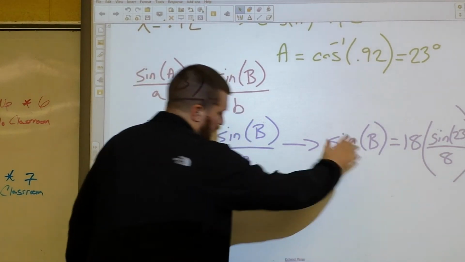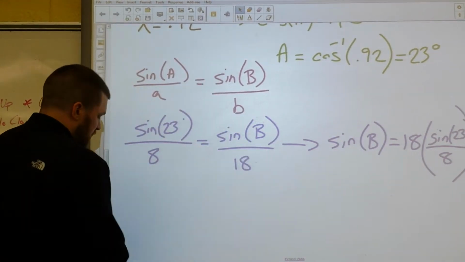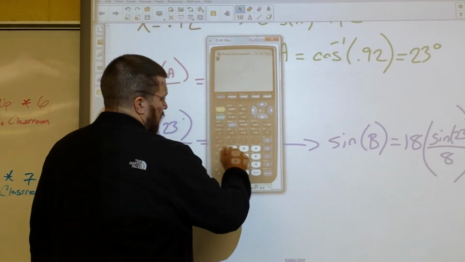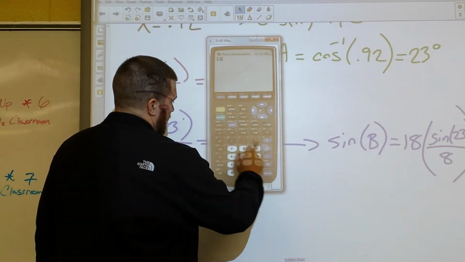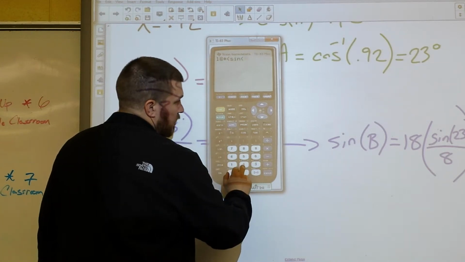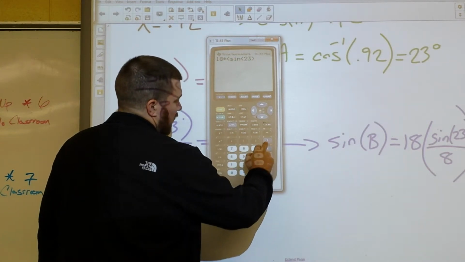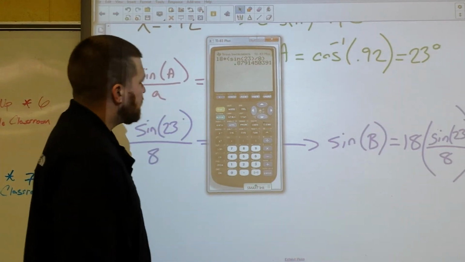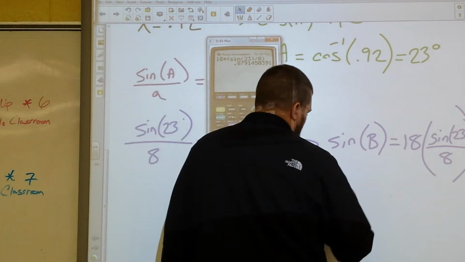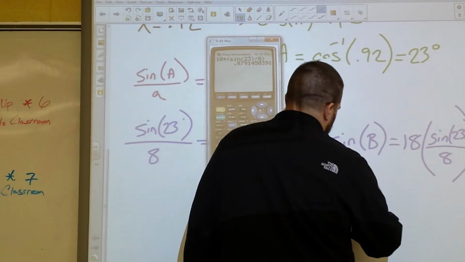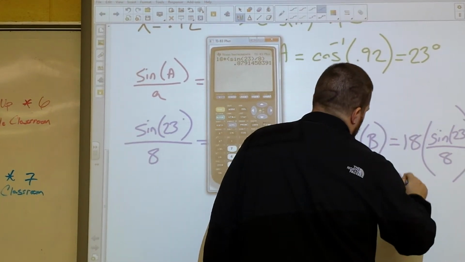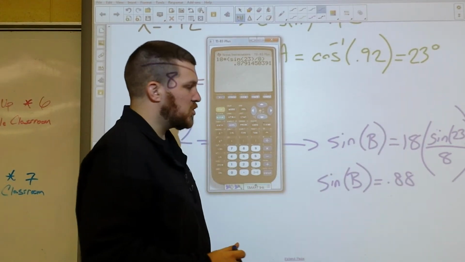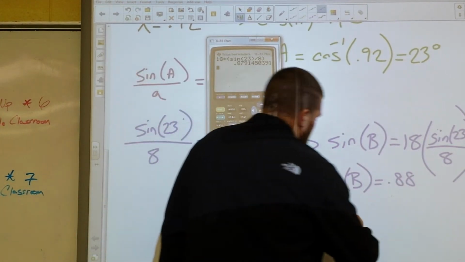Again, we're solving for angle B, not sine of B. So I'm going to use my calculator. 18 times the parentheses sine of 23 divided by 8, close the parentheses. And I get about 0.88. So sine of angle B is about 0.88. Again, we're rounding, but I want to get angle B by itself, so I need to do inverse sine on both sides.